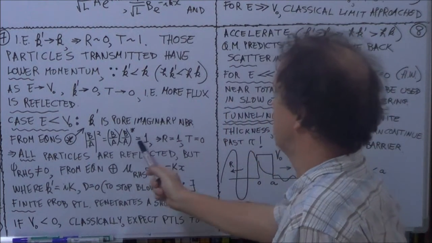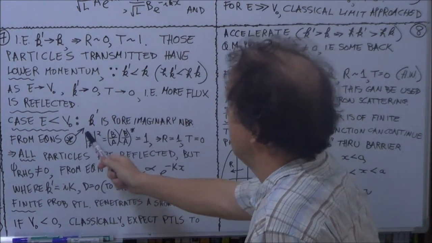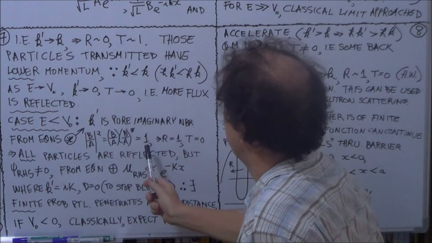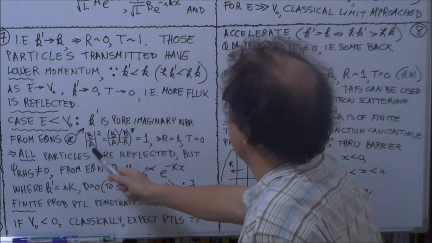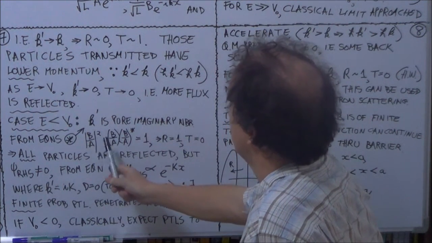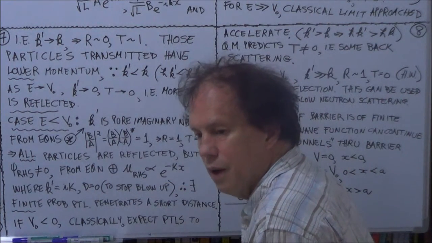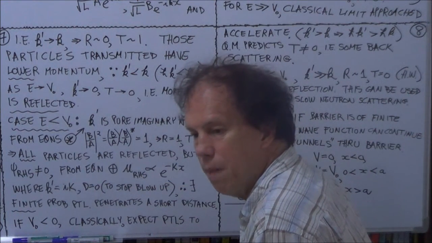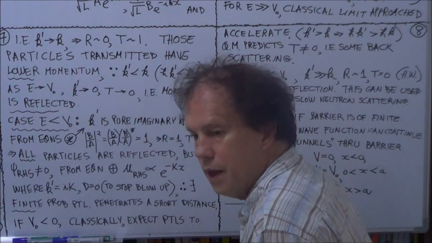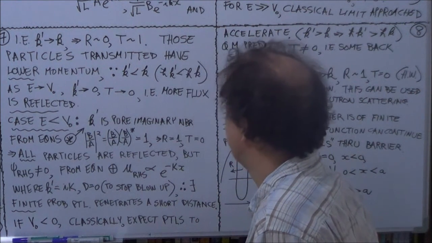So again, sort of homework. So B over A squared is 1. What does that mean physically? That means everything's reflected.